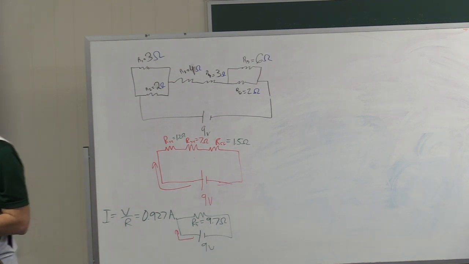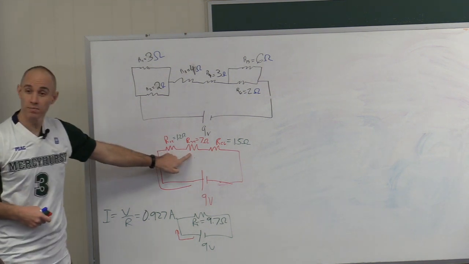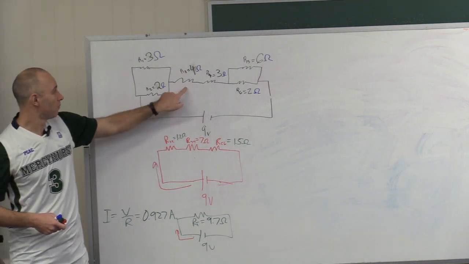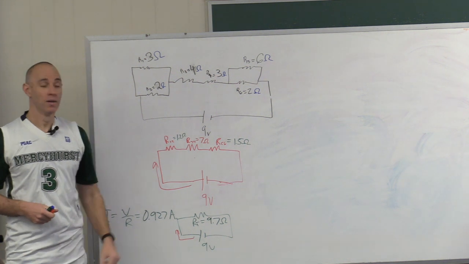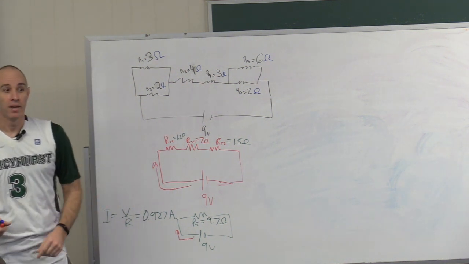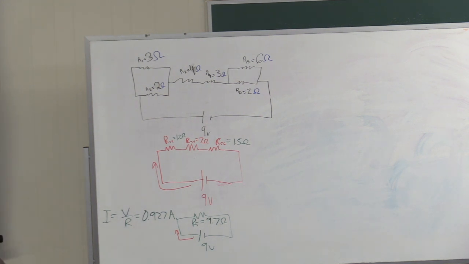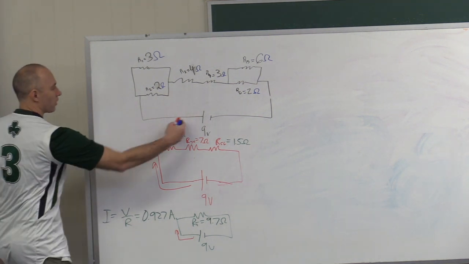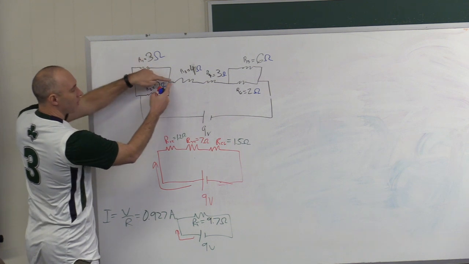But I do know that whatever is going through a series is going through the stuff in that series, and this resistor, R34, is a series also. So whatever is going through R34 is also going through R3 and also going through R4. And those are in series. There's no split. All of the current goes into the set, splits, and comes back together.